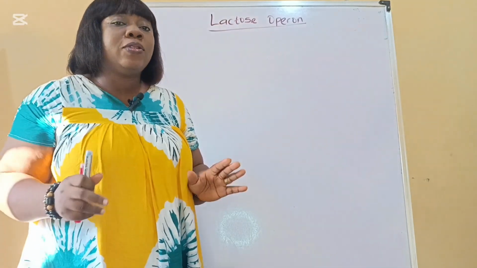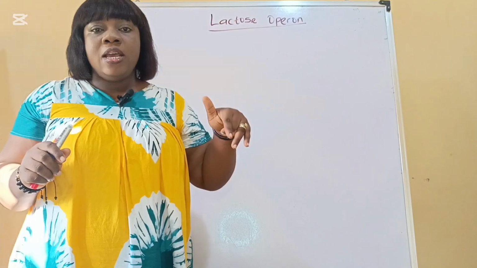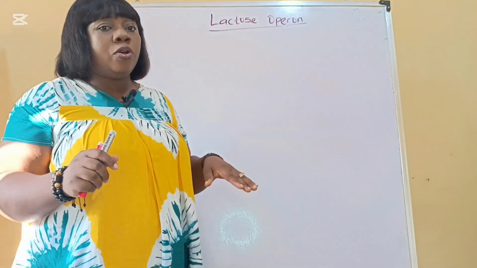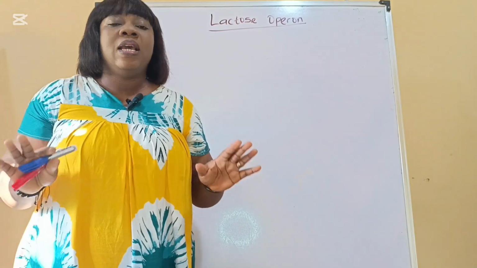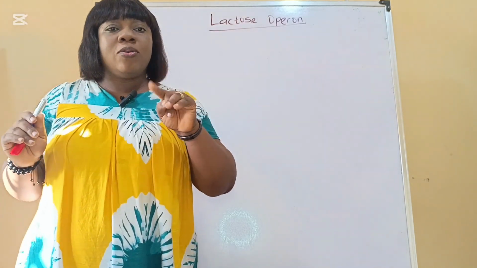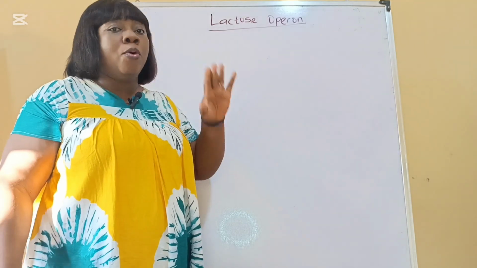And their preferred carbon source is glucose. I will leave a link to that video in the description so that you can study what catabolite repression is all about. A knowledge of that will also help you understand the lactose operon more.